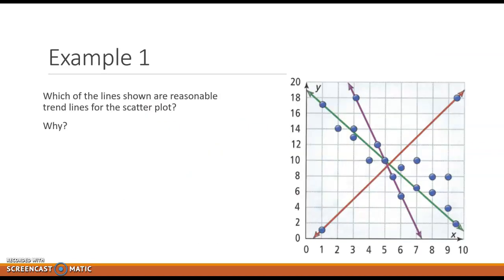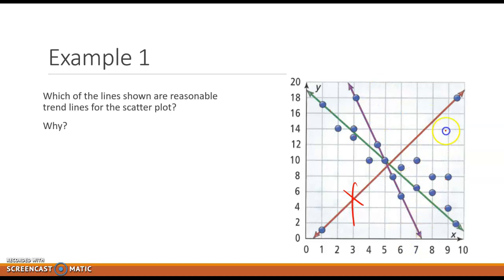All right, so example 1. Which of the lines shown are reasonable trend lines for the scatter plot and why? And see, not the red one. It goes through 2 points, but that's not our goal. And what, 1, 2, 3, 4, 5. And I'm going with this purple one here. 1, 2, 3, 4, 5, 6, 7, 8. So it's not really evenly, but also like, yes, we got a lot of points in a line there.